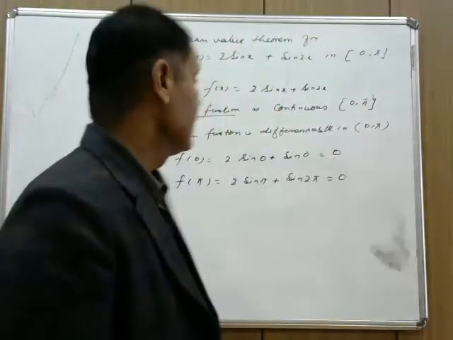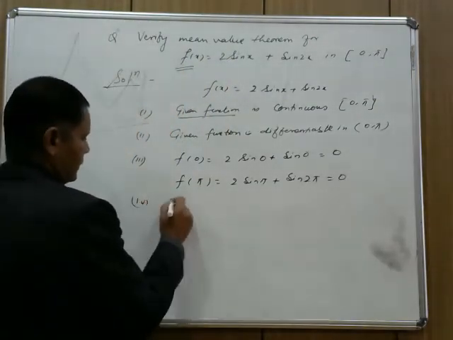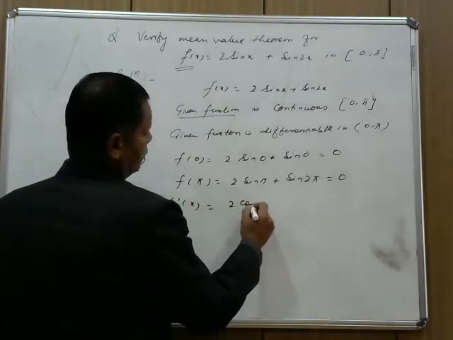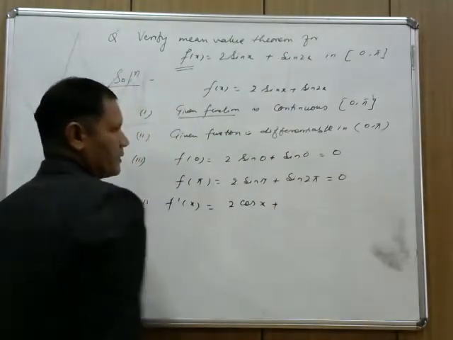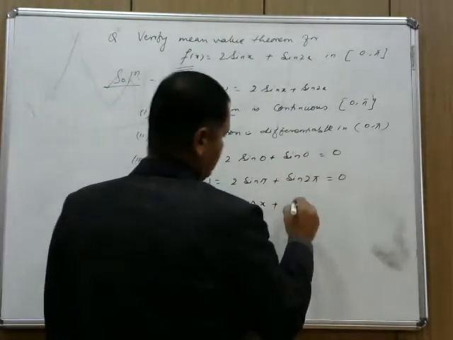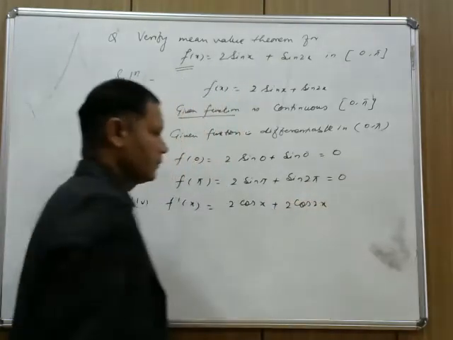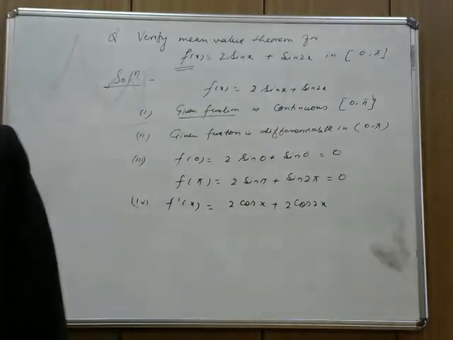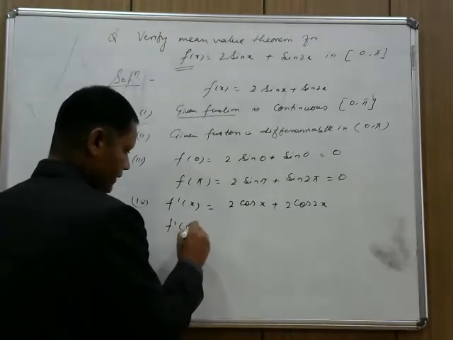Now we'll find out f dash of x. Right? Now f dash of x is equal to 2 cos x plus the differential of sin 2x, which is cos 2x into 2. Yes or no? 2 cos x plus 2 cos 2x. Isn't it? And therefore, now we will find out that f dash of c equal to 0.